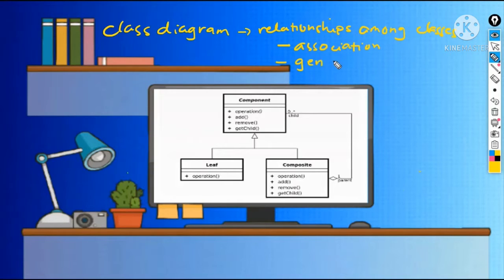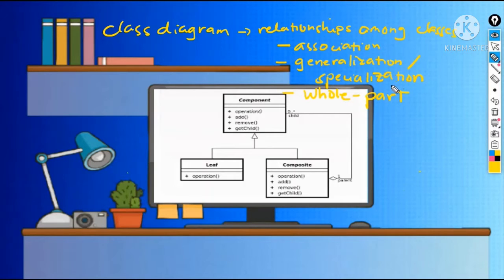And then we have generalization or specialization relationships, and then there's whole part relationships.